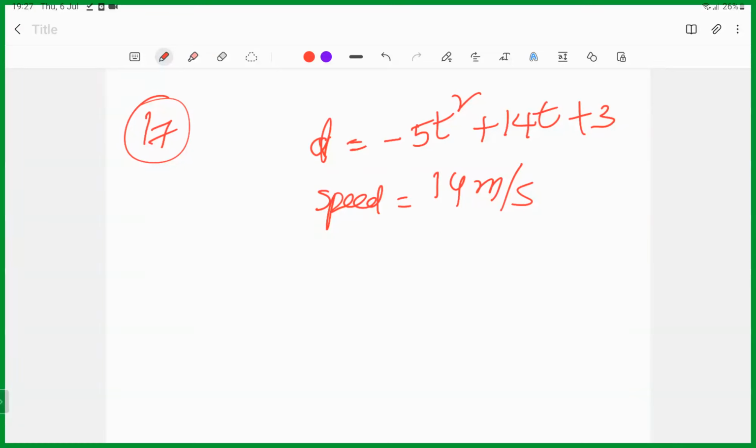Rohit? You know that minus 5t square plus 14t plus 3, no? If you keep t equal to 3, then what is the value? If you substitute t equal to 3 in that equation, what is the value I'm asking? Did you substitute?